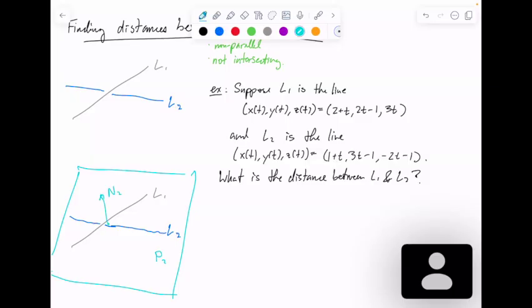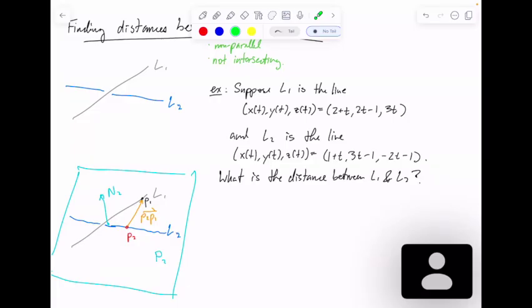And then what I could do is, if I have a normal direction, then whichever way I do my projection, I could choose a point on the second plane that I just artificially constructed, which is also on line 2. So I could do, let's say, point P2 on line 2, and then I choose any point P1. And if I draw the vector, say P2P1, the way I drew this, then the projection of this vector along the normal direction should be able to give me the shortest distance between L2 and L1.